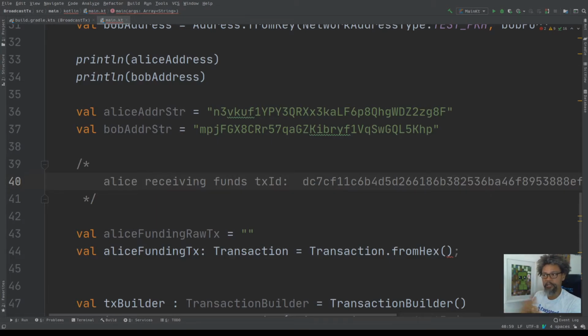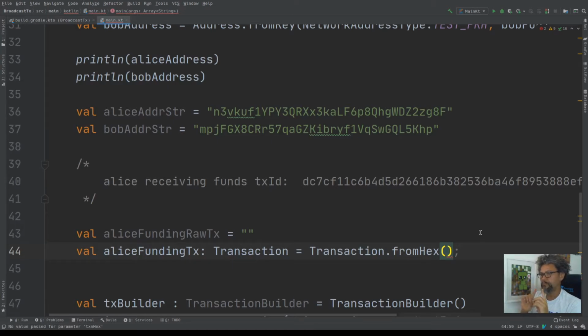And these transaction IDs will generally be unique. Special conditions exist, but assume that transaction IDs are unique always, because the serialized version of the transaction changes if you change anything, and because it's a double SHA-256 hash, the serialized version is pretty much unique.